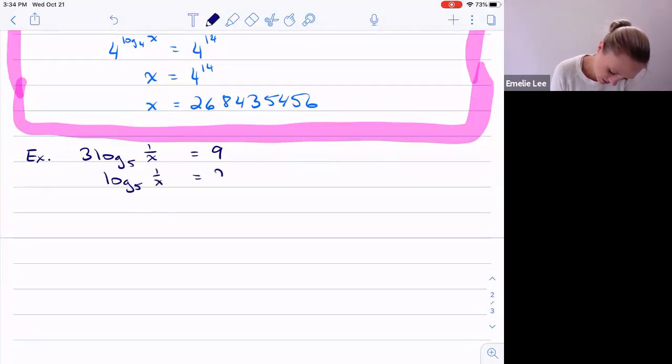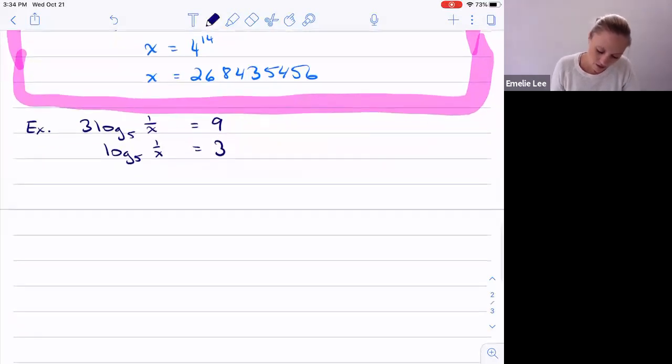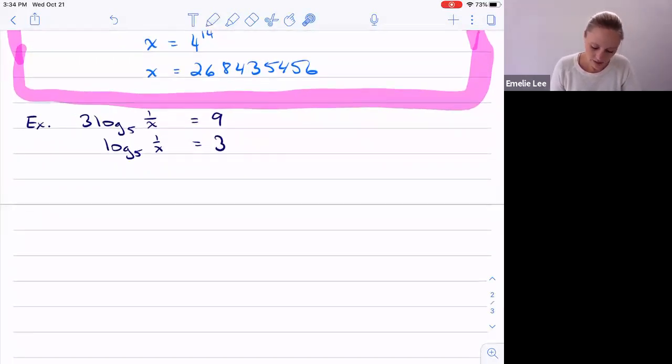And so we can divide both sides by 3. I made it nice and easy on myself. 9 divided by 3 is 3. So then what I have to do to shake out this 1 over x is raise both sides onto 5, because that's my base. The only way I can cancel this log base 5 is to raise it all to the power of 5.